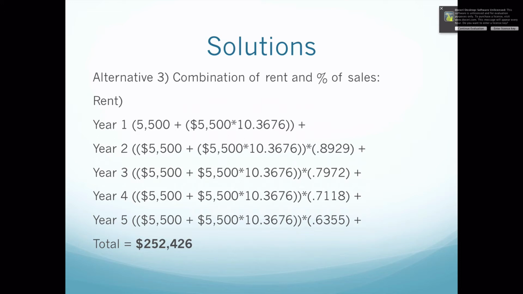Again, the 10.3676 is the present value of annuity of 11 periods at 1%, and the 0.8929 is the PV for 1 year at 12%. Going down to 0.7972, which is PV for 2 years at 12%. 0.7118 is PV for 3 years at 12%, and finally 0.6355 is the PV for 4 years at 12%.